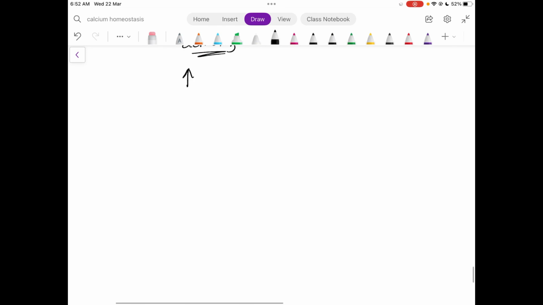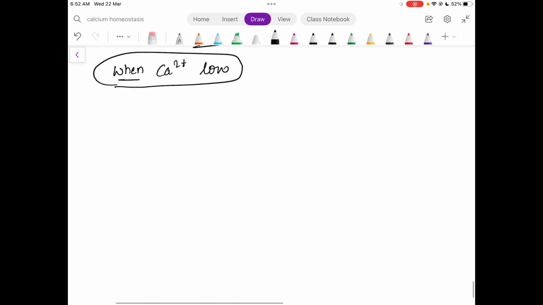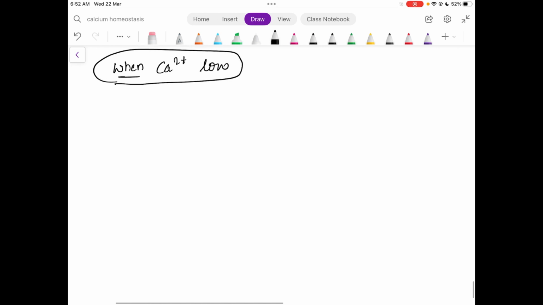In our body, we'll see two conditions: either increased calcium levels or decreased calcium levels in the body. So when calcium levels are low, we'll see what will happen in the body. We have parathyroid glands.